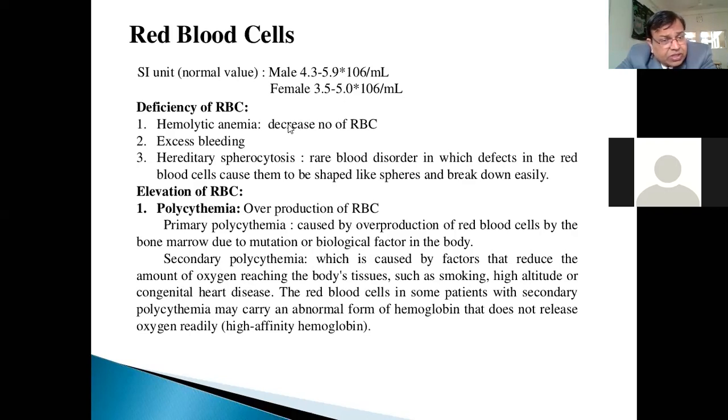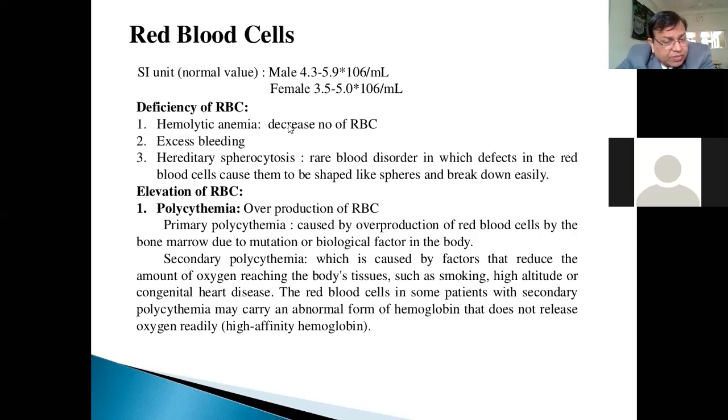Elevation of RBC means if the RBC count increases in a patient, that is called polycythemia, overproduction of RBC. Primary polycythemia is caused by the overproduction of RBC by the bone marrow due to a mutation of a biological factor in the body.